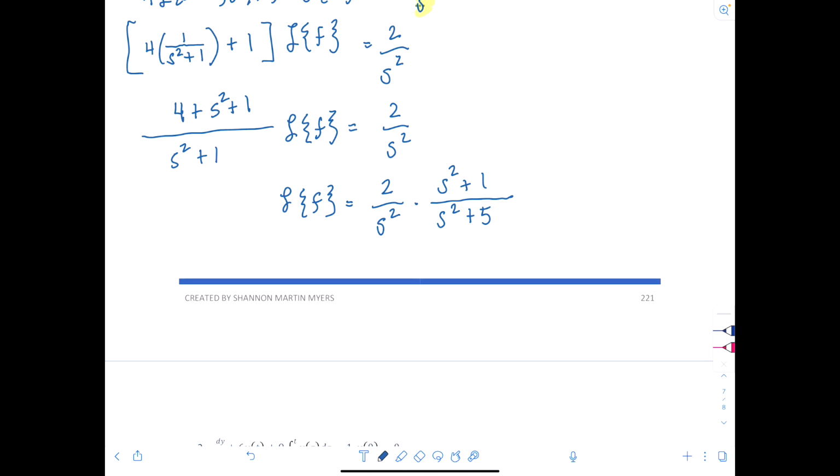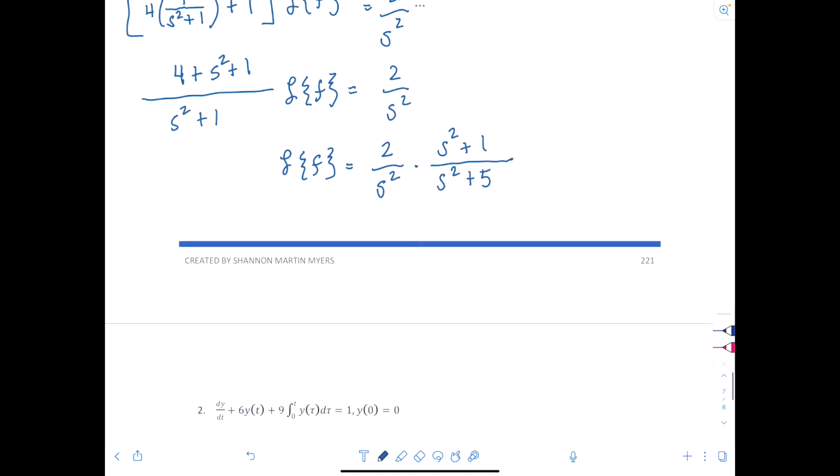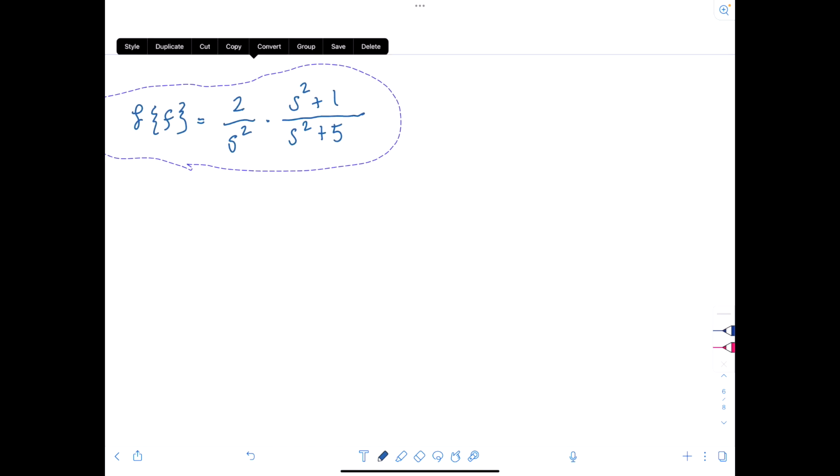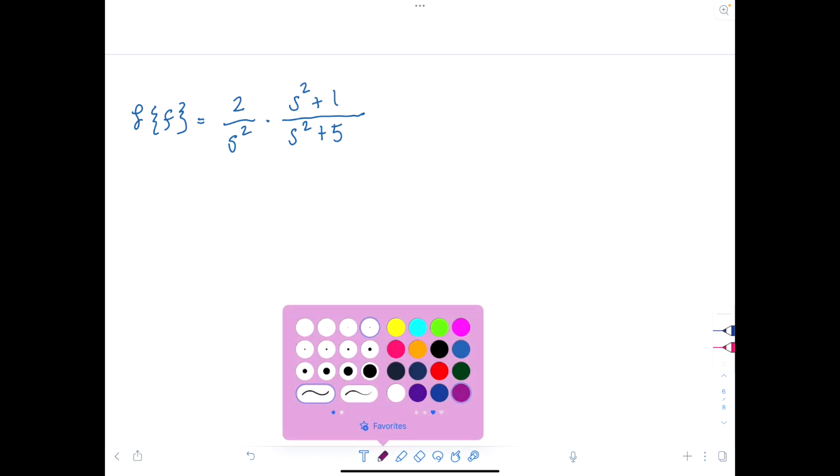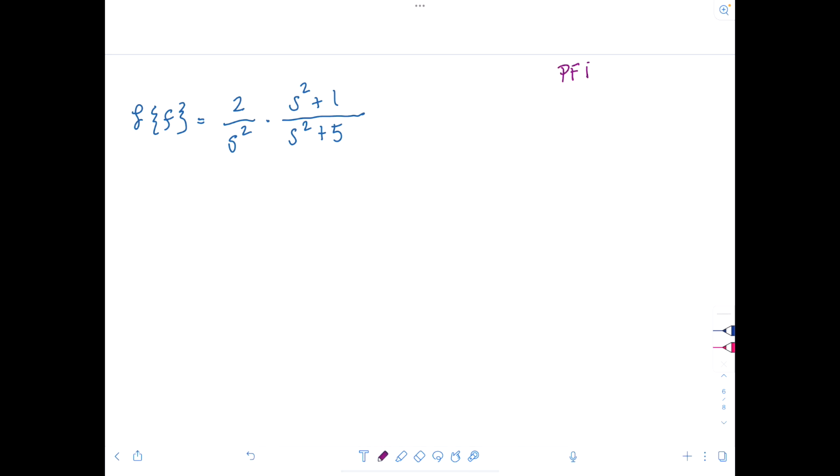All right, so now let's just take a look at what we have going on. That's where I needed my extra page, I know now. So we're going to work with this here, and what the heck, we're going to do a partial fraction decomposition on it. So now when we do our partial fraction decomposition, let's see what we get.